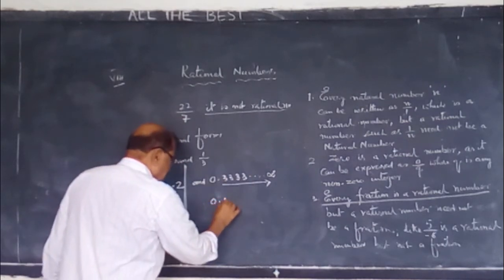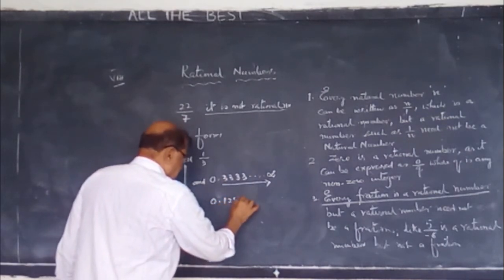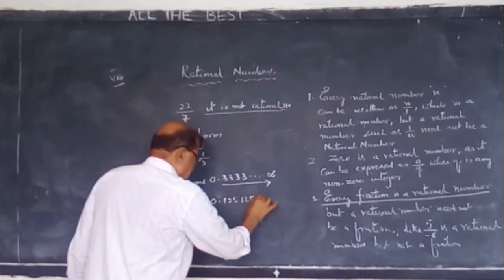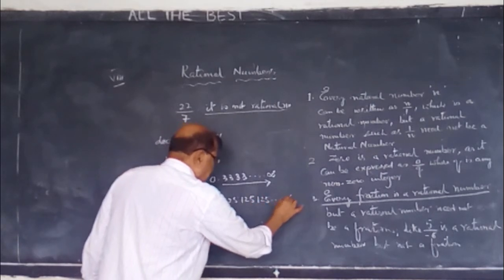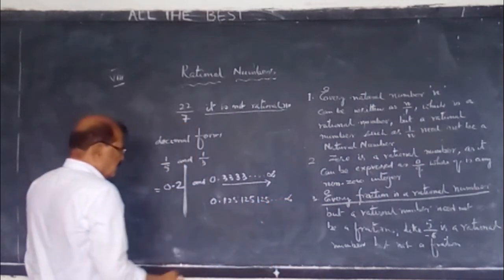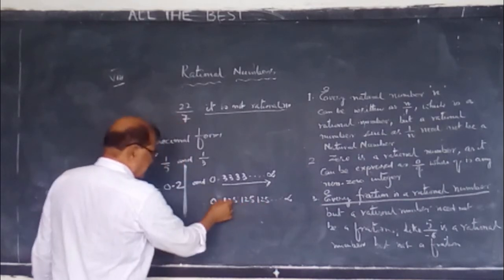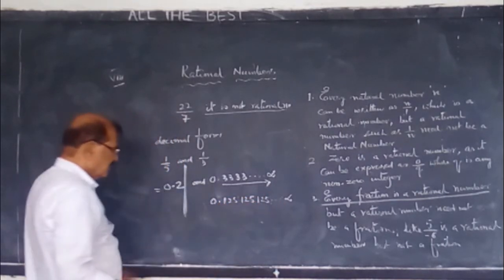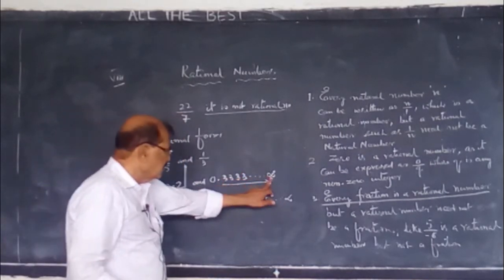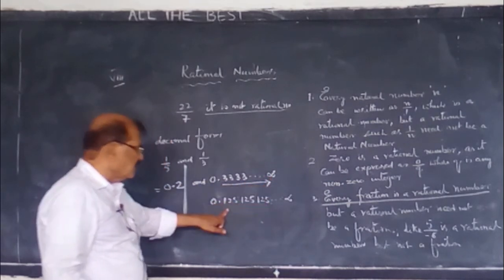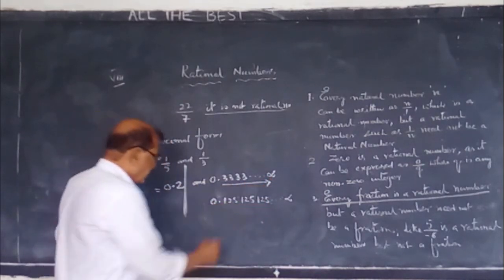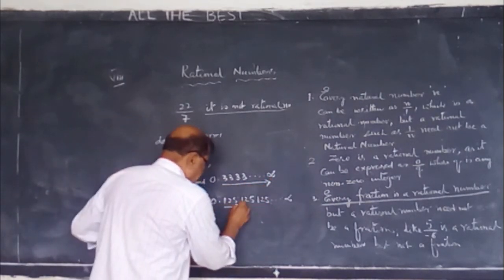Sometimes it is 1.25, say 125, 125, so on up to infinity. So it is recurring. It is called a non-ending recurring decimal.